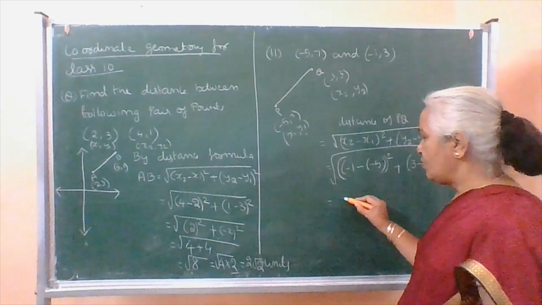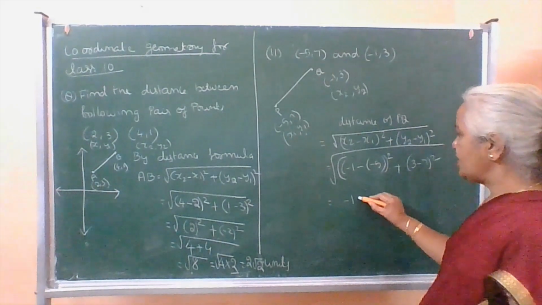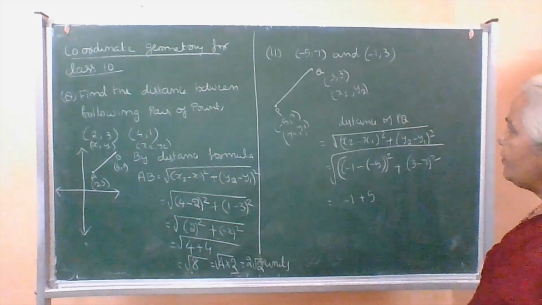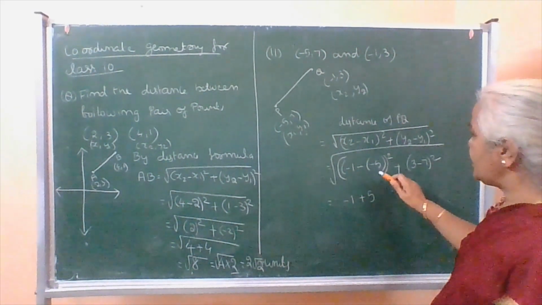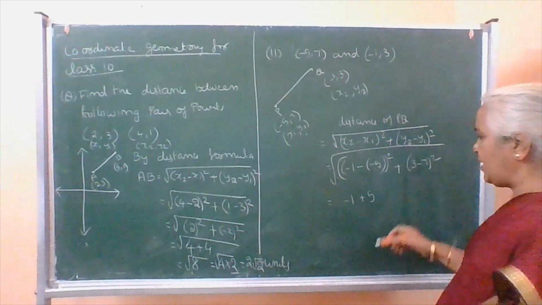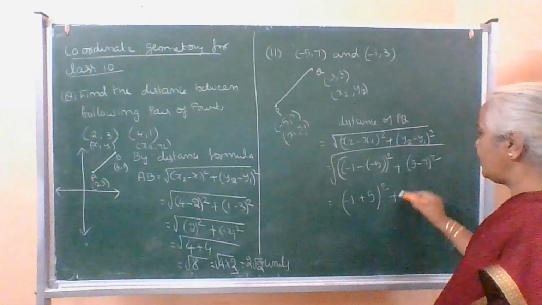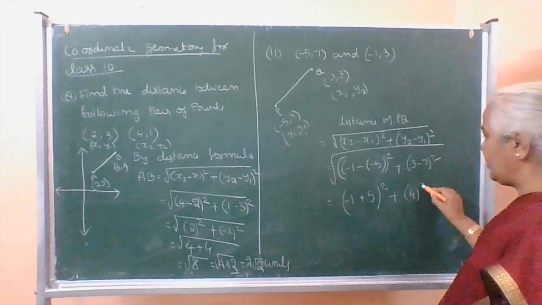Here it is minus 1, minus of minus 5 is plus 5, whole square, and here 3 minus 7 is minus 4, whole square.